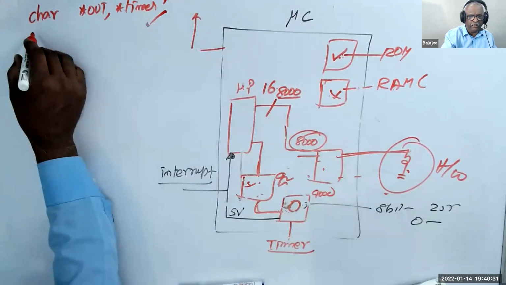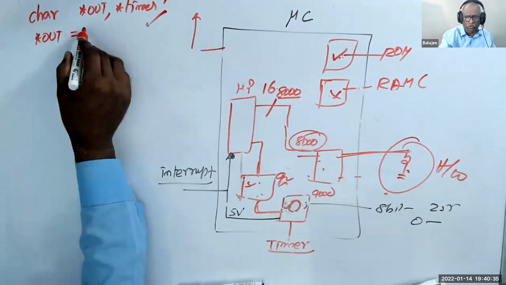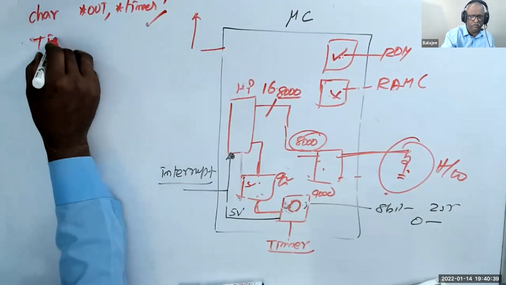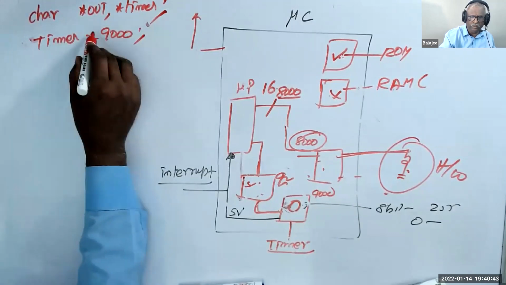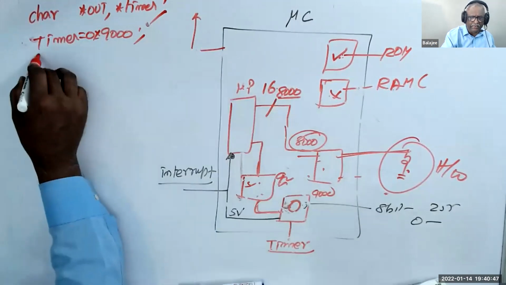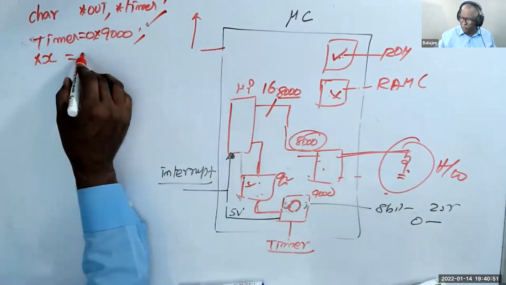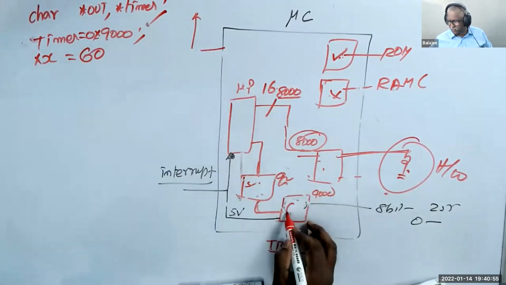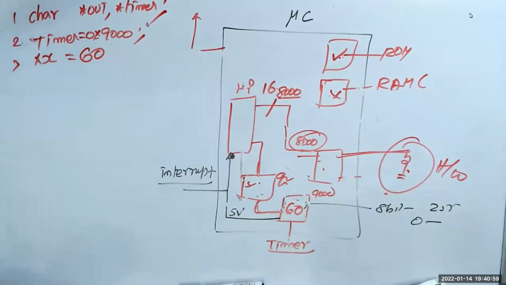I do now here star timer is equal to 9,000. Let me put 0x to understand that this is hexadecimal. I put star x is equal to 60. That means I'm writing 60 here. Line 1, line 2, line 3.